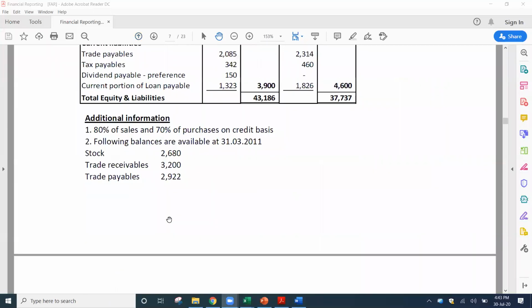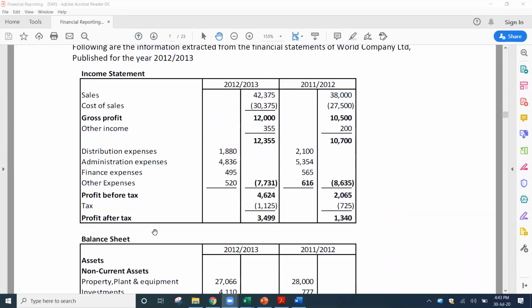Then the second ratio, net profit ratio. You need to calculate for both 2011-12 and 12-13. So how do you calculate net profit ratio? For 2011-12, net profit is 1,340 and sales is 38,000. If you remember the ratios, then it's only a matter of recording these values in the ratio.